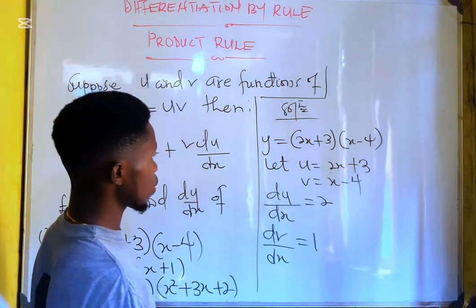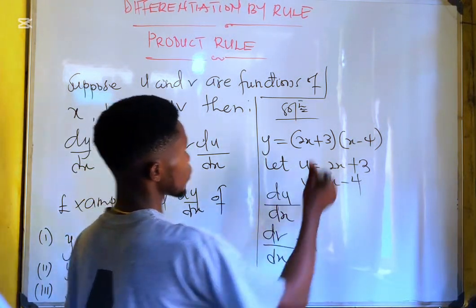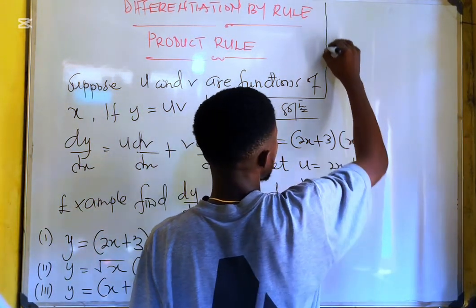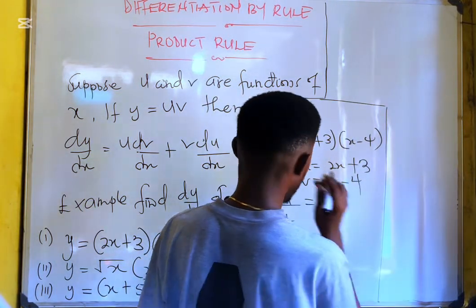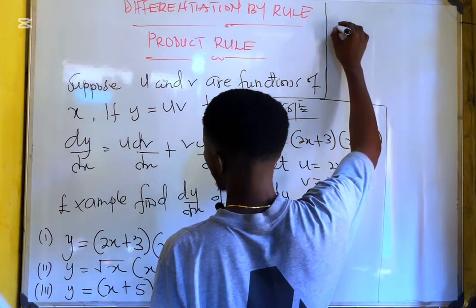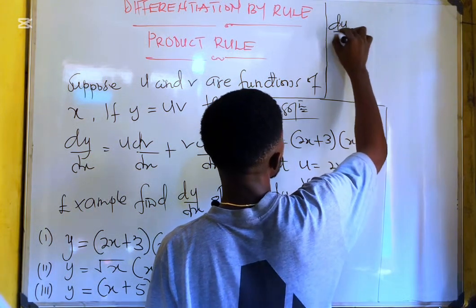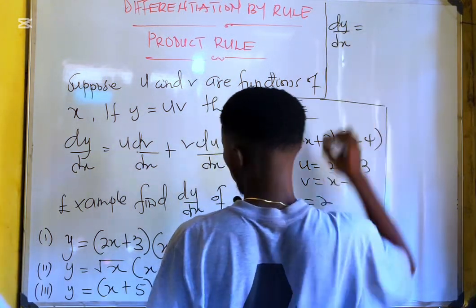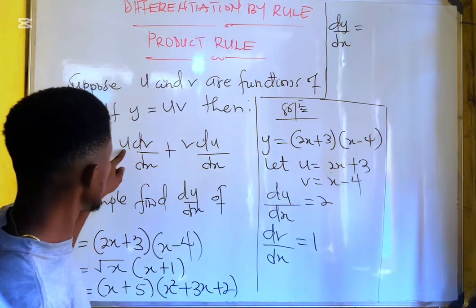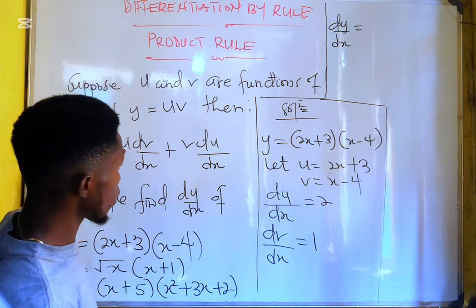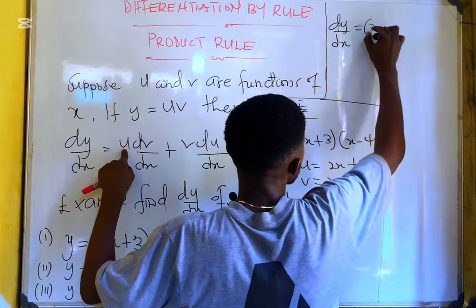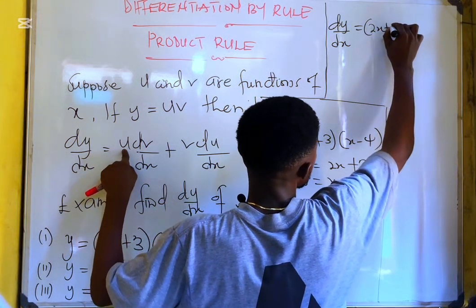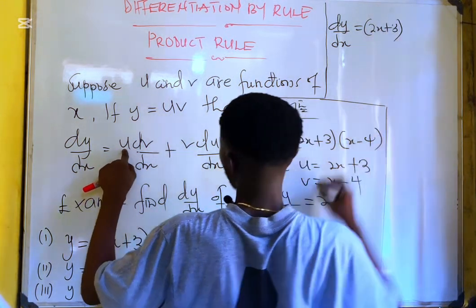Good. So now we are going to put this into the formula. The formula is saying that dy/dx equals u. So where's our u? This is our u, 2x plus 3.